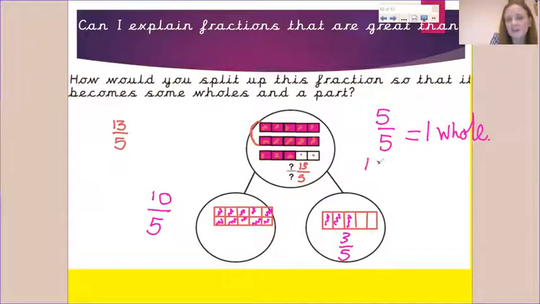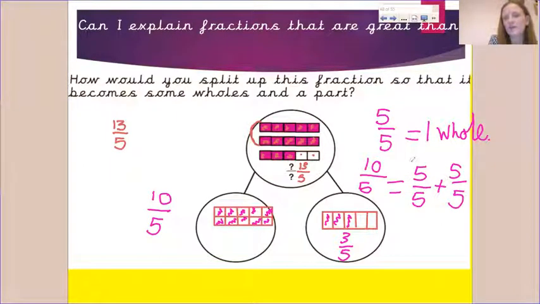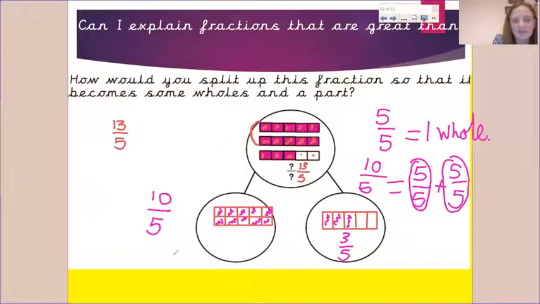So 10 over 5 is actually made up of 5 over 5 plus 5 over 5, which tells you that it is one whole, 2 wholes. So actually 10 over 5 is the same as 2 wholes. And then we've still got 3 over 5.